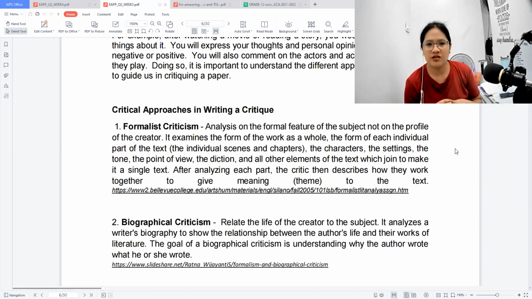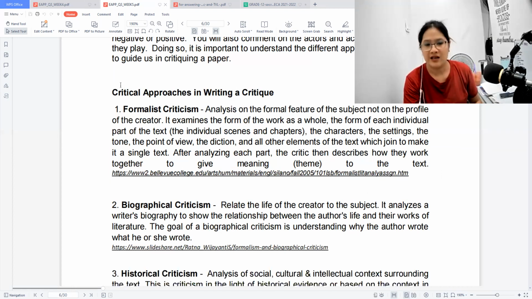You try to examine the form of the work as a whole and the form of each individual part of the text, if there's organic unity. So you consider all the parts, the elements like the character, settings, tone, diction, point of view, etc. And how they work together, para buo yung text. And then after analyzing each part, yung critique, magde-describe siya on how each works together. So, ayun, formalist criticism.